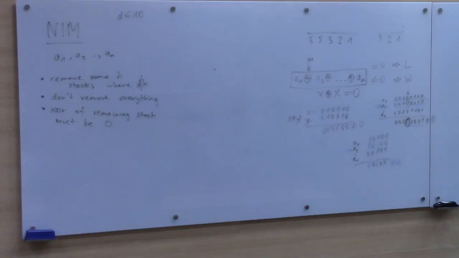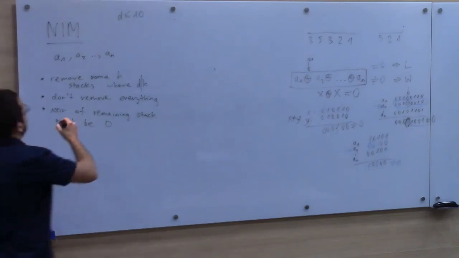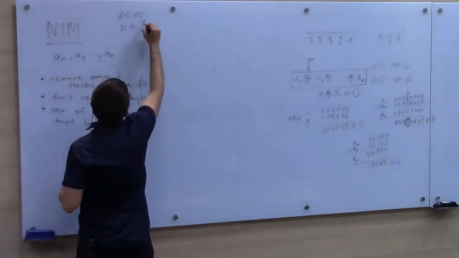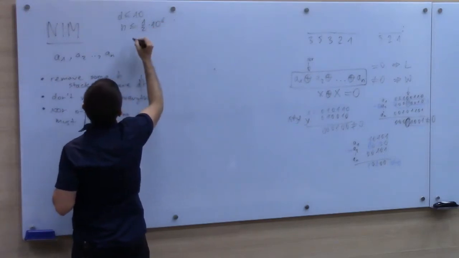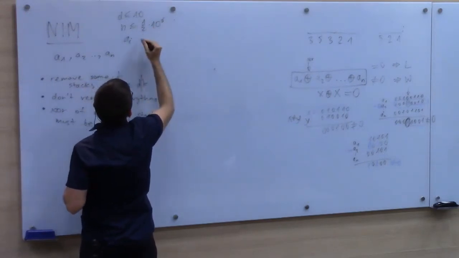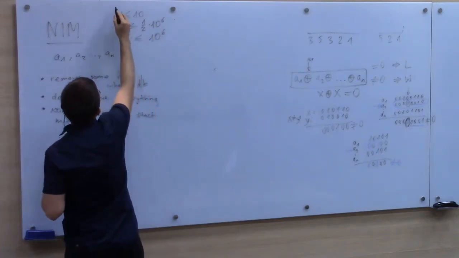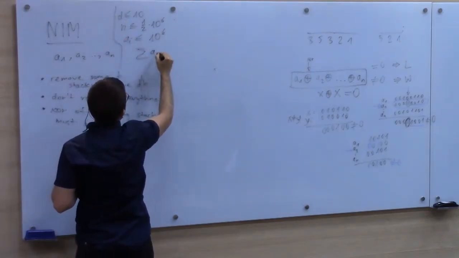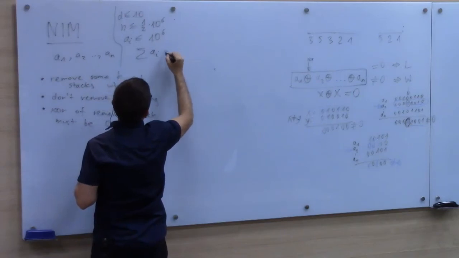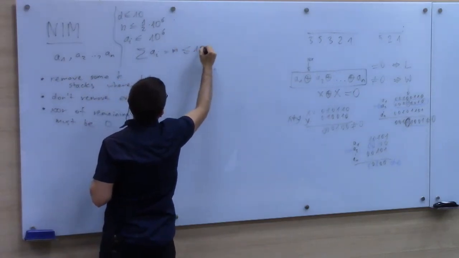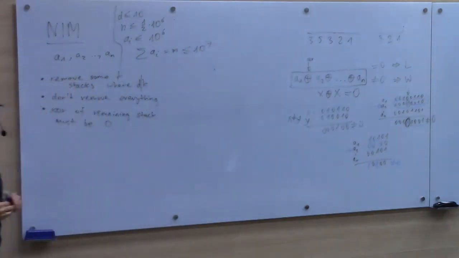So from the constraints we have n is up to 500,000. AIs are also up to a million. And one additional constraint is that the sum of AIs, equal to m, is smaller than 10 to the 7th.